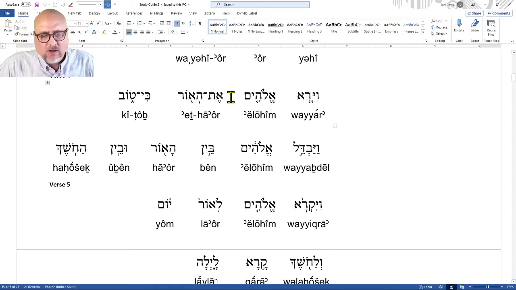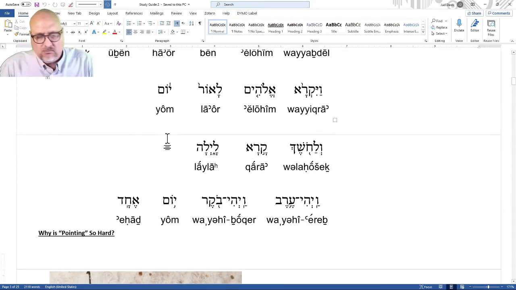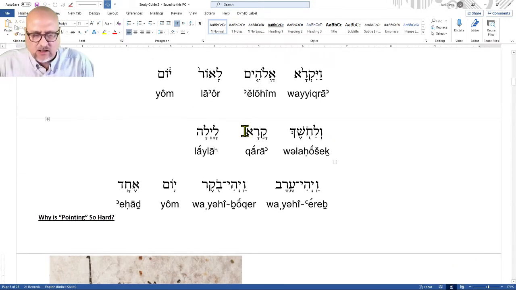Vayar Elohim et haor ki tov, va'yavdel Elohim bein haor uvein hahoshek, vayikra Elohim laor yom, ve'lachoshek kara layla, vayihi erev vayihi boker yom echad.